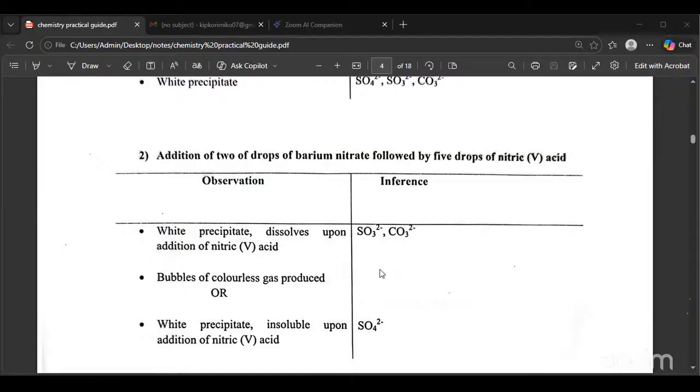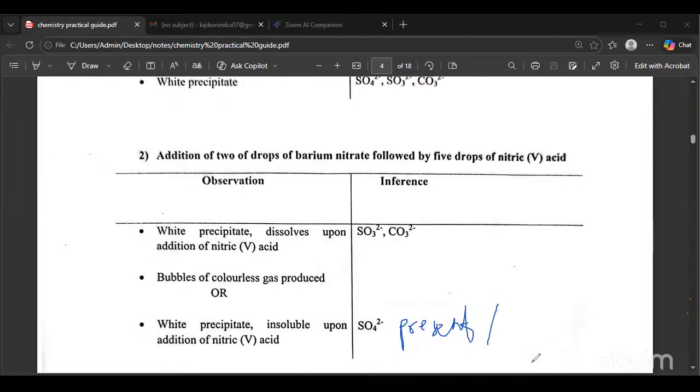That is sulfur 4, and the carbon 4 normally has the same effect on calcium hydroxide, a white precipitate, which is calcium sulfite or calcium carbonate, which is insoluble. White precipitate insoluble upon addition of nitric acid, so it is sulfates now, sulfate present, or you can write that those above are absent. Yes, now we are there.